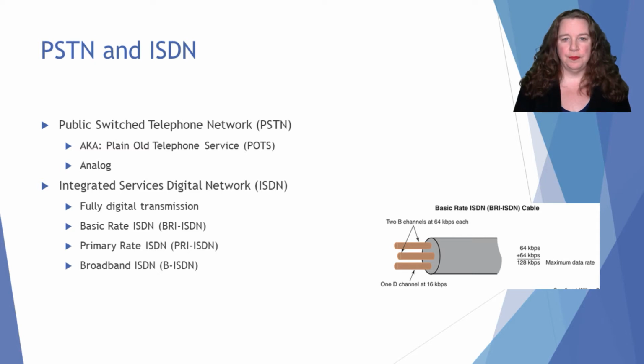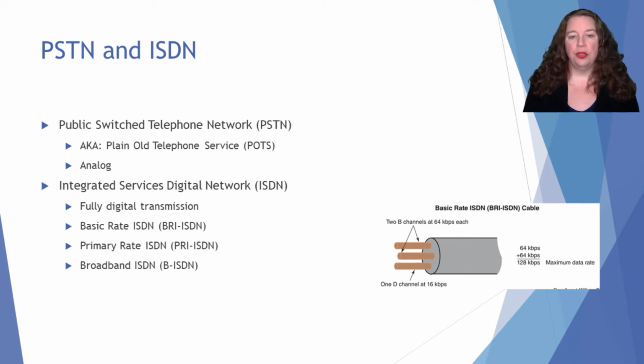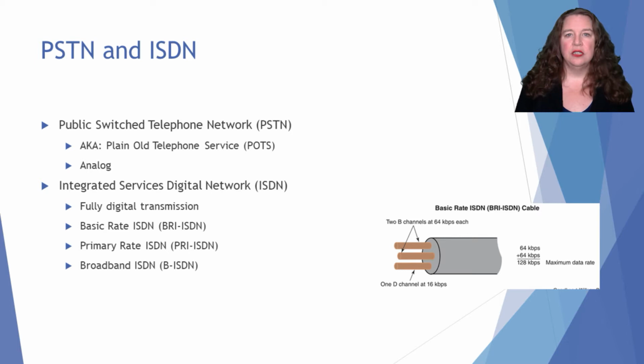So the important thing, basic rate ISDN has 2 B channels, each B channel 64 kilobits for a total of 128. The primary rate ISDN has 23 B channels and 1 D channel. So it has a total of 24 channels. They only need 1 to do the connection, to handle the setup and things like that, and it's still at its 16.